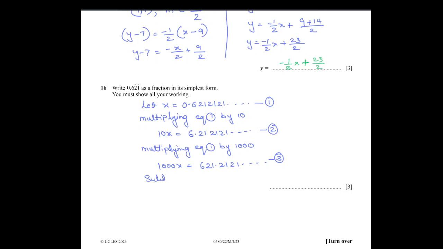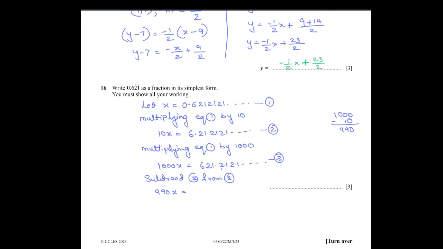Subtract 2 from 3. So 1000x minus 10x will be 1000 minus 10, 990, so you will get 990x.